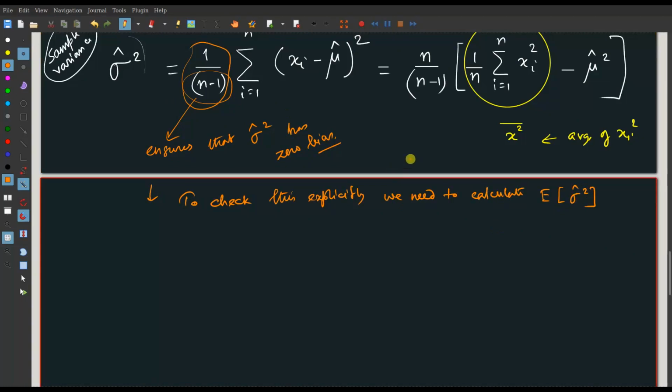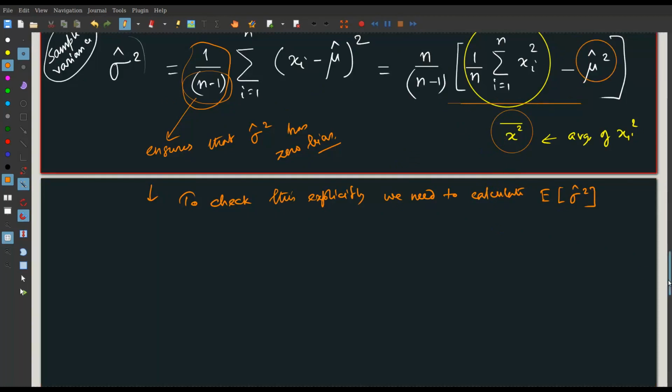Now, in the language of this, we need to calculate two things: the expectation value of this guy and the expectation value of this guy. These two things I need to compute.